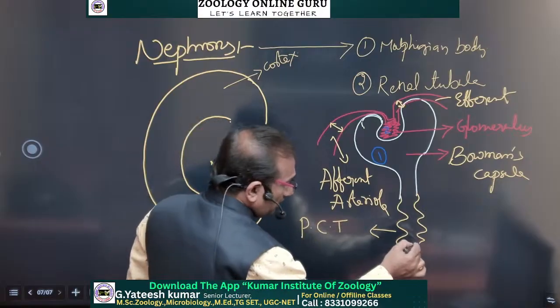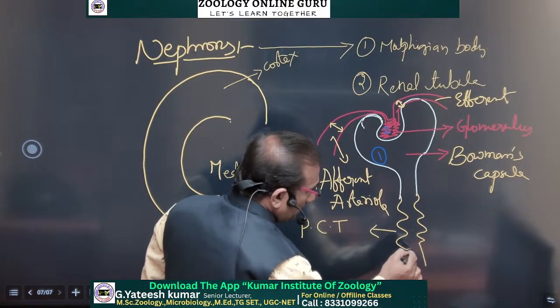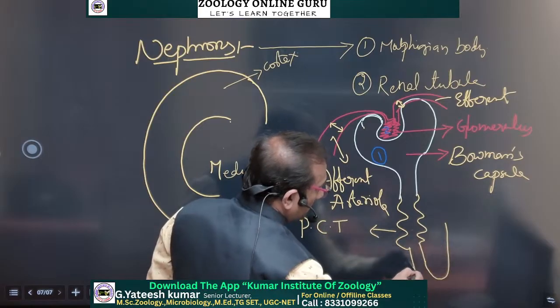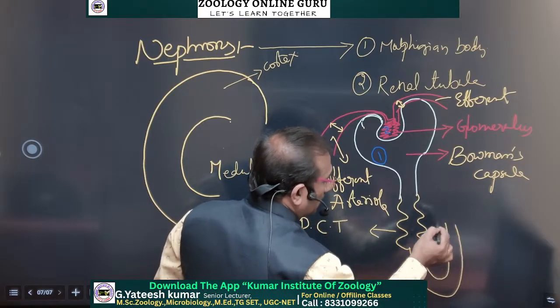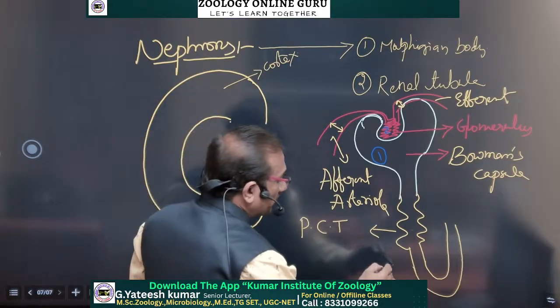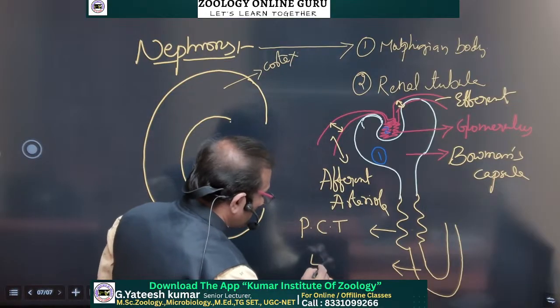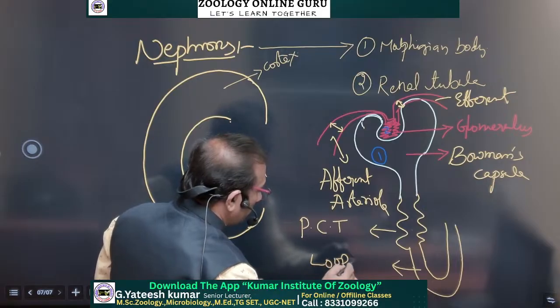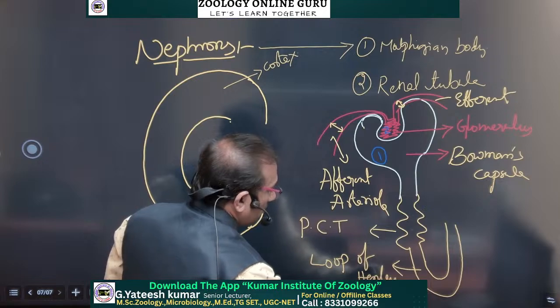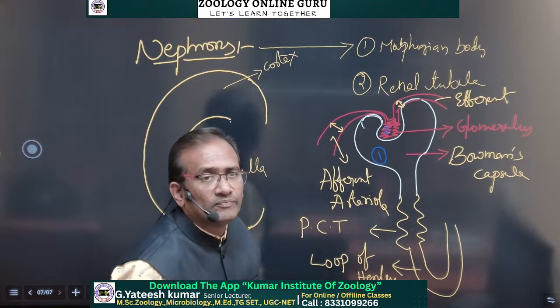And there is a peculiar hairpin loop-like, U-shaped structure here. This is called the loop of Henle.